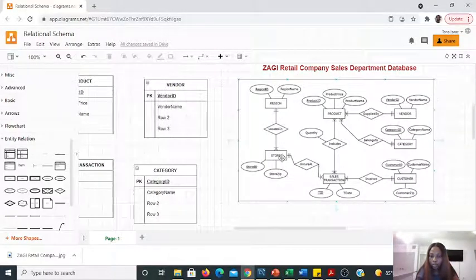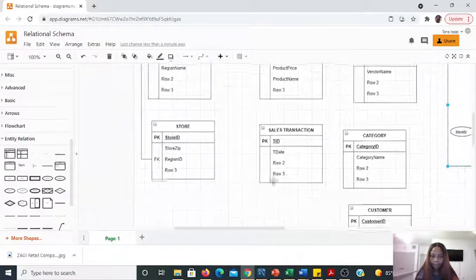Then we have a one-to-many relationship between store and sales transaction. So many sales transactions can occur at one store, or one store can have many sales transactions. And the foreign key in this case would be store ID, which would be in the sales transaction table.